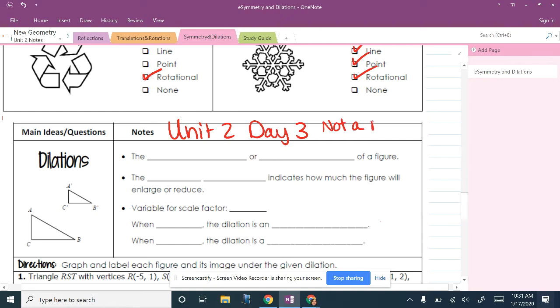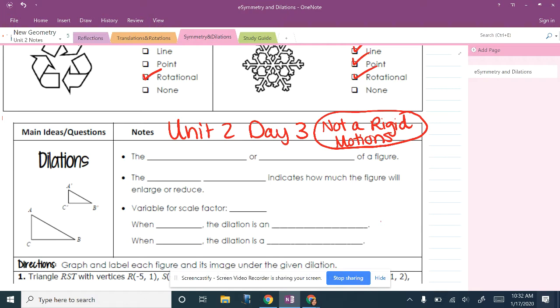Not a rigid motion. Remember we talked that rigid motions are transformations that keep the same size. So translations were rigid motions, reflections were rigid motions, and rotations because they kept the figure the same size. Since dilation is changing the size, it is not a rigid motion.